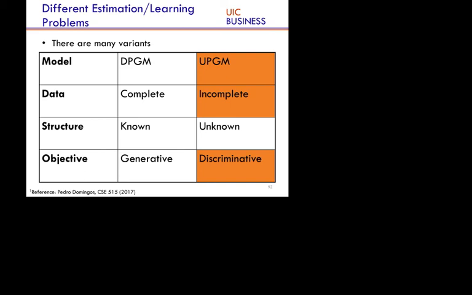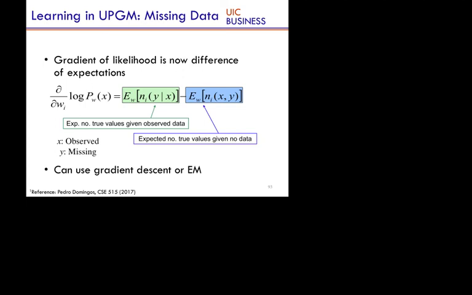And there's a final version when you don't know full data. Then what happens is you have to change the first term. The first term is no more a function of just the data, right? In the previous two cases, the first term was just a function of data in the gradient definition. Now the first term is a function of my model as well. So you have to do something like EM, where in the E step, you create some artificial data essentially, and in the M step, you use the artificial data to compute the W's.